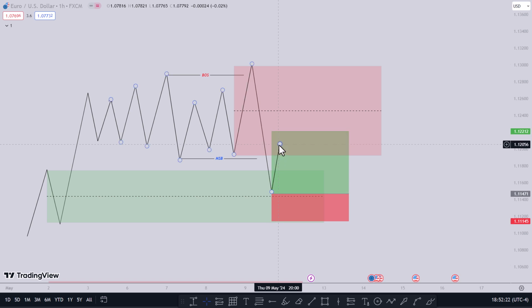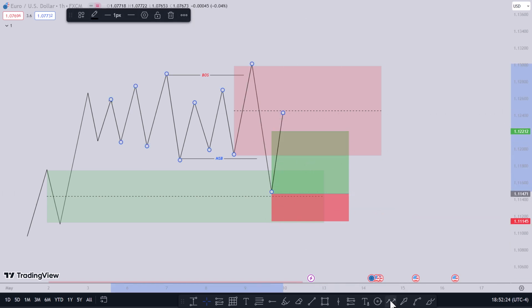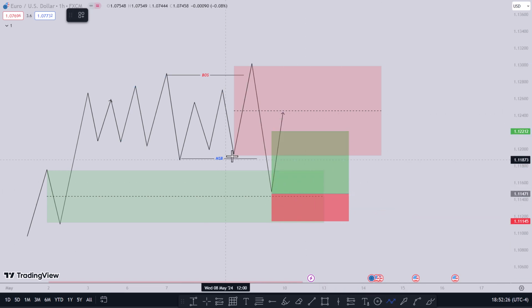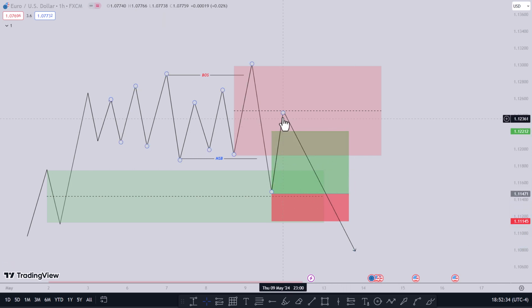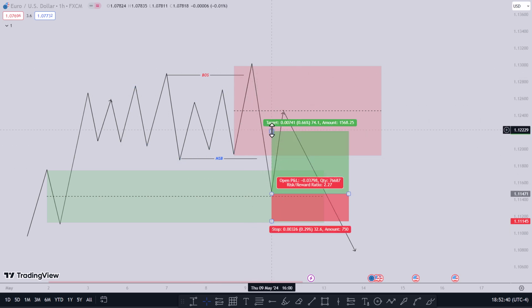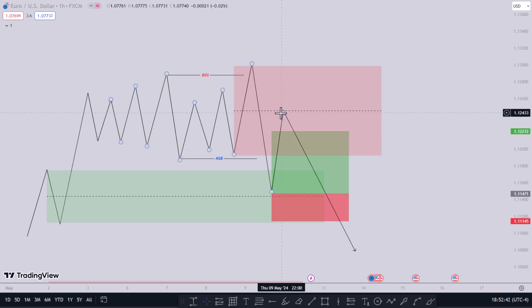Now, even if price is going to continue lower, meaning this market structure break is not a fake one, not just to sweep the lows, this is a real one, and price is going to continue lower. In most cases, it will give you that retracement to the zone right here, and you have exited your positions, and price can do whatever it wants. It can trade higher, or it can just reverse.